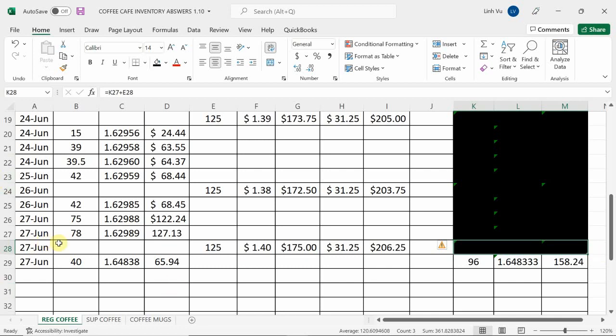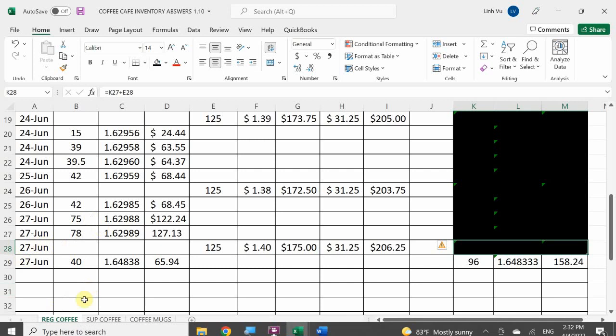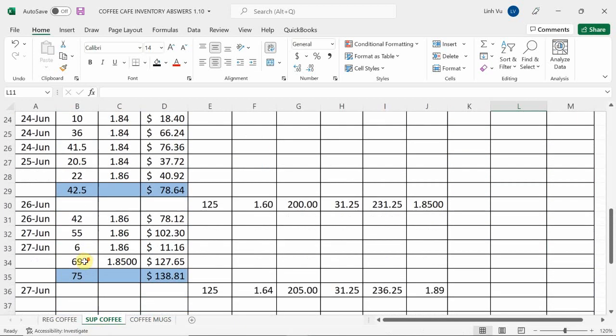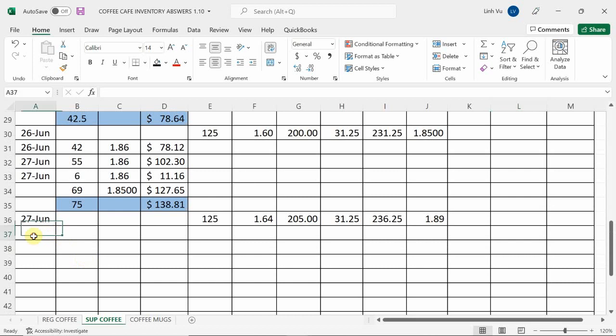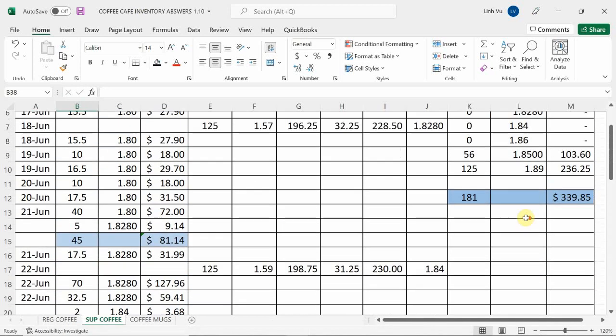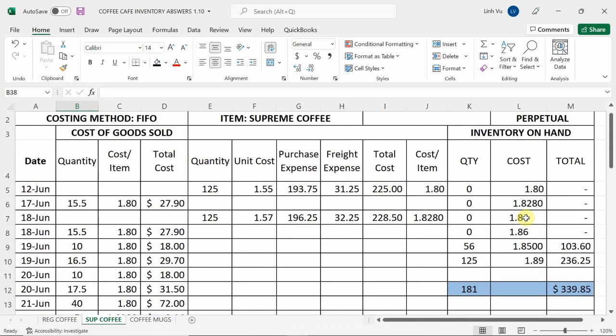And you used $65.94. Right? So for my supreme coffee, I end up using 40 pounds. Okay. Let's take a look at my batches of inventory. Which one am I going to take out from?